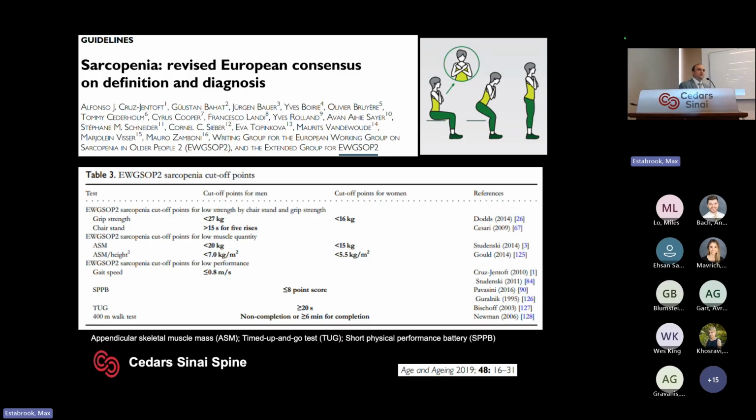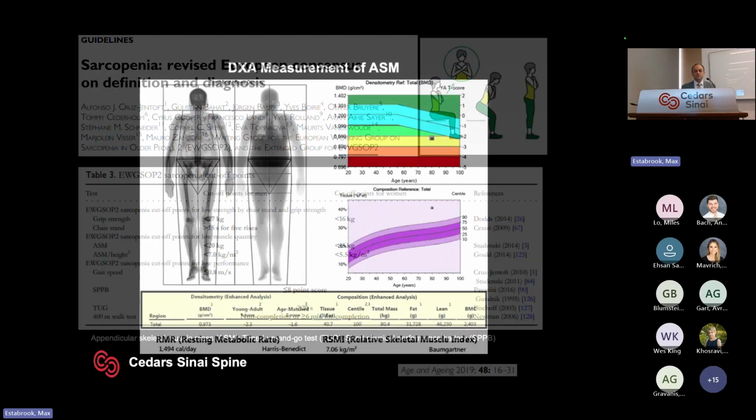How fast can a patient sit up from a chair 5 times? We can look at muscle quantity and quality with radiographic measures. And then we can do physical performance testing with a short physical performance battery test or one of these timed up and go tests, basically to assess patients' physical status. And that should be like a surrogate marker of severity. And all 3 of these have been studied and extensively shown to correlate to outcomes.